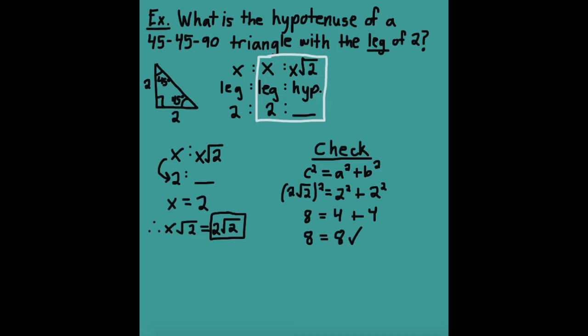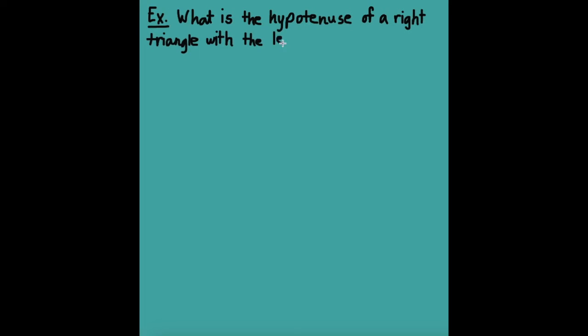Let's try another example. What is the hypotenuse of a right triangle with the legs of 5 and 5? In this problem, they gave us 2 legs, which are 5 and 5.